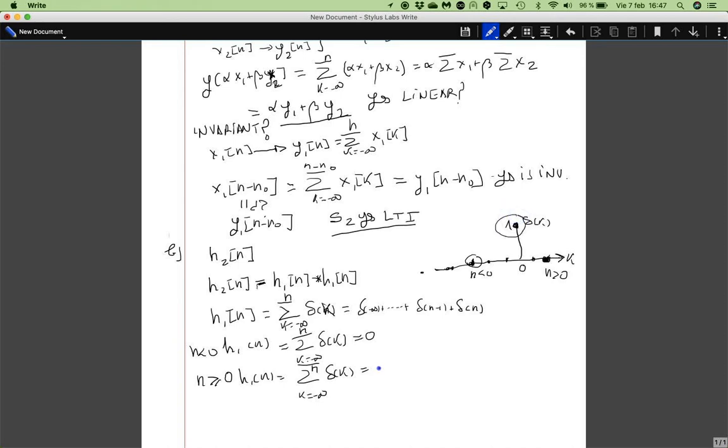So this is 1. So basically, we have a signal that is 0 everywhere in the negative values and 1 from 0 to the positive values. This is exactly the definition of u[n]. So h1[n] is exactly u[n].